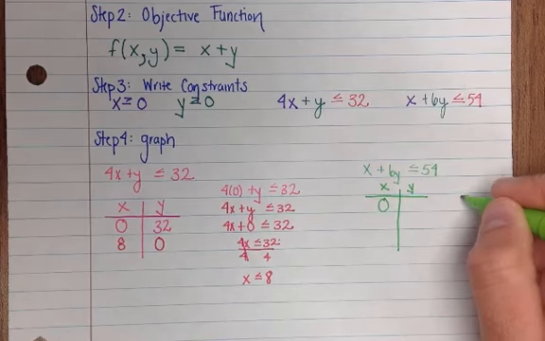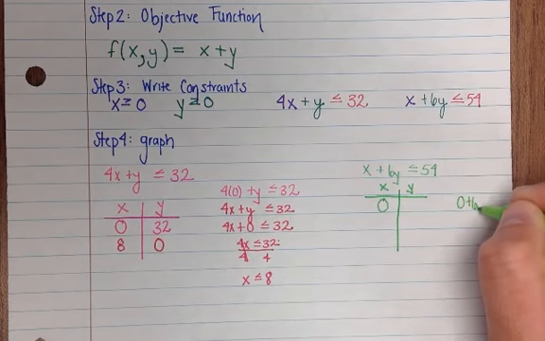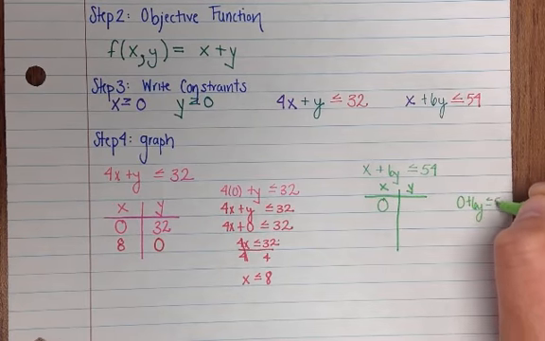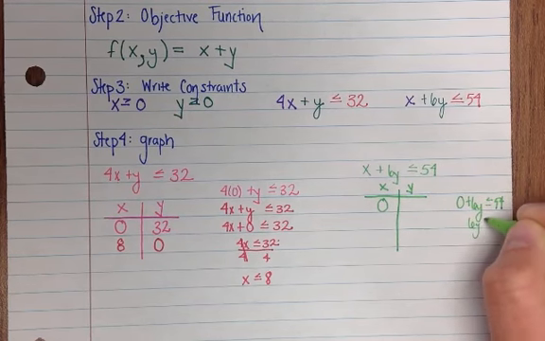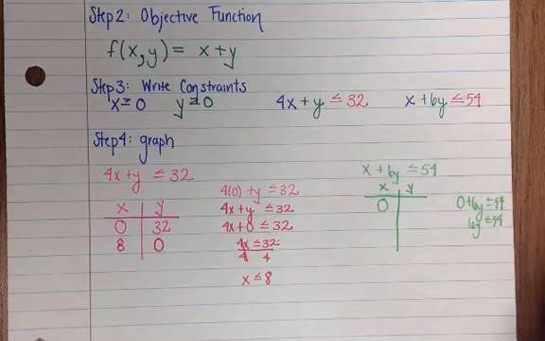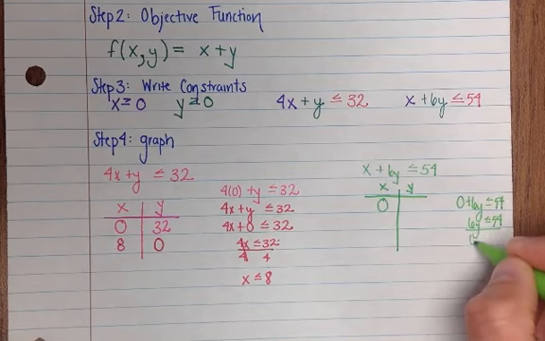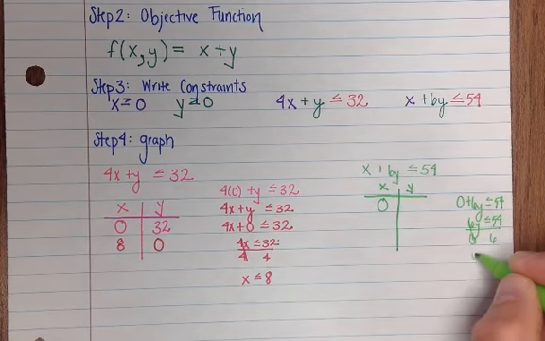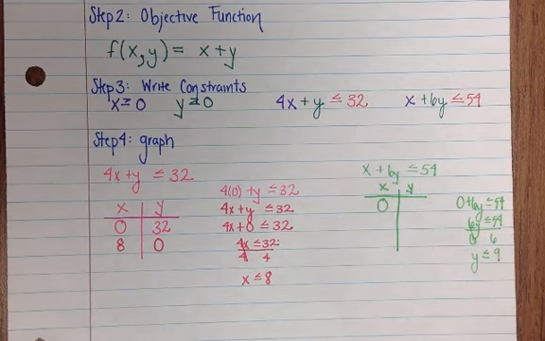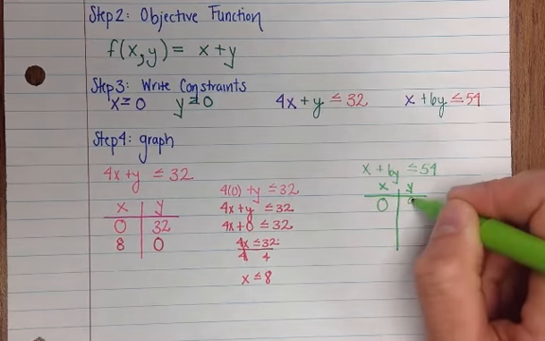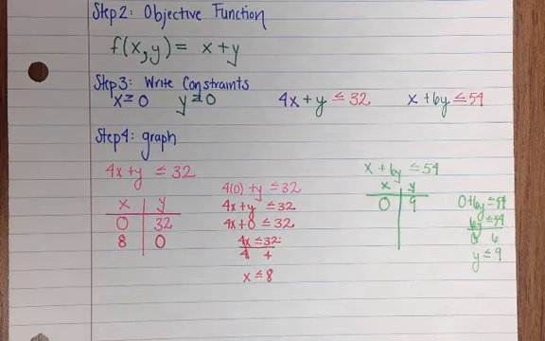So I'm going to have 0 plus 6y is less than or equal to 54. So 6y is less than or equal to 54. Divide both sides by 6, and 54 divided by 6 goes in 9 times. So when x is 0, y is equal to 9.